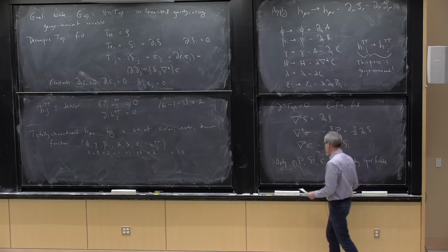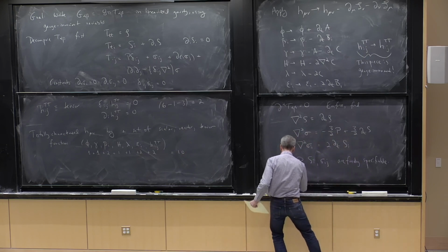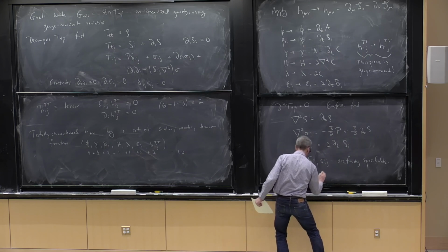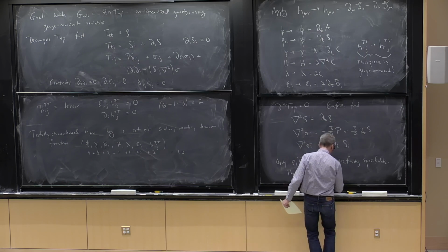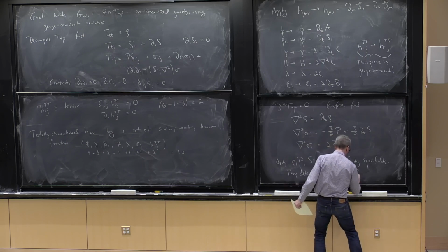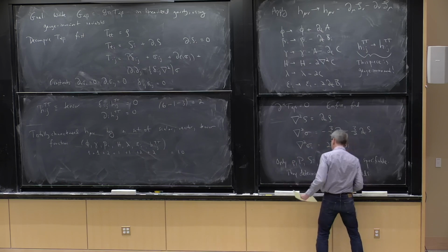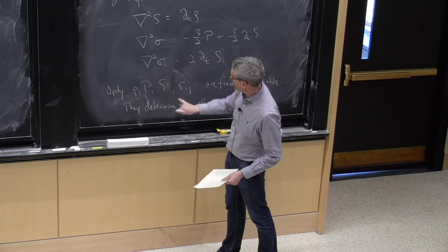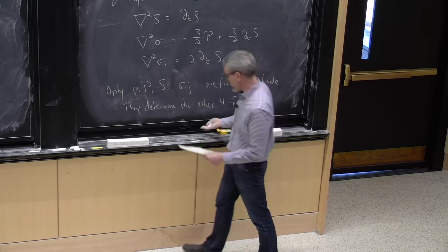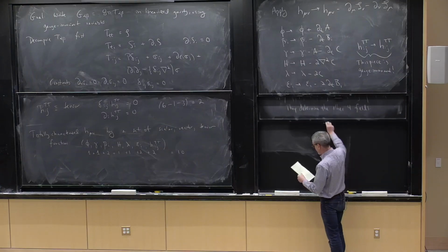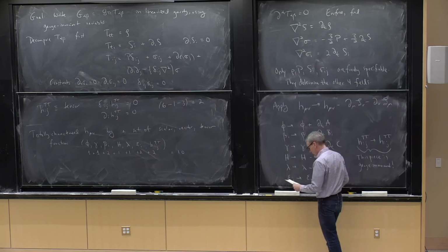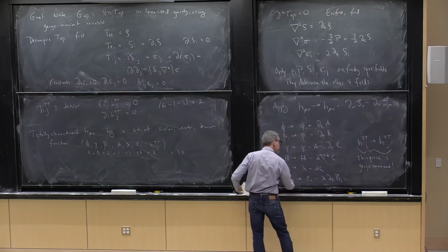These are the only ones that are freely specifiable. They determine the other 4 fields. Okay? So density, pressure, kind of an energy flow, and anisotropic stresses. Okay, redemption is at hand.